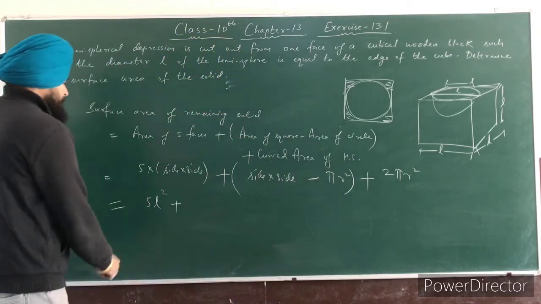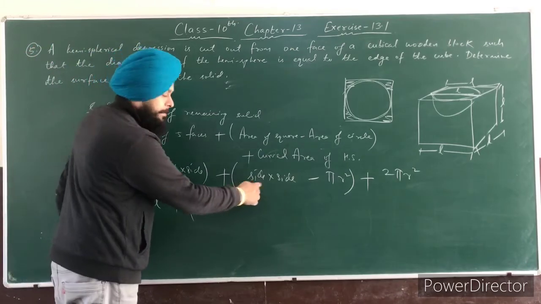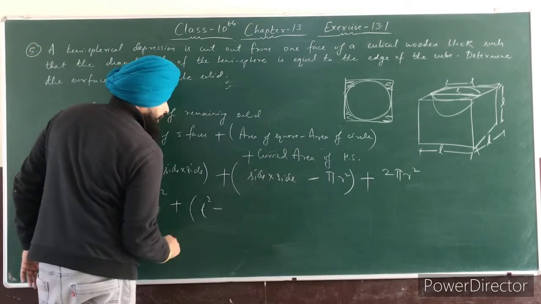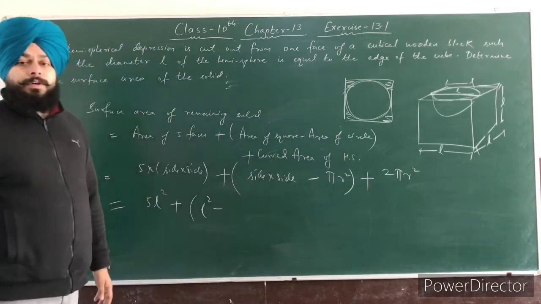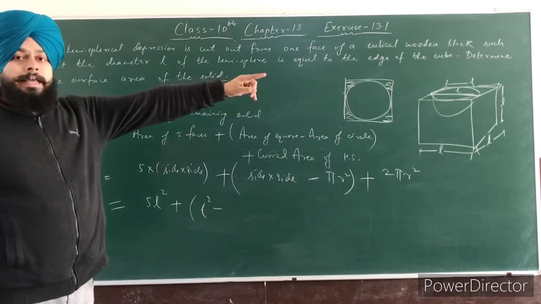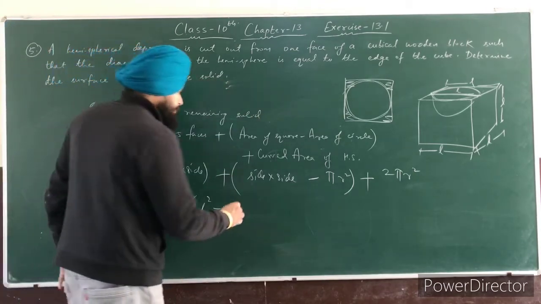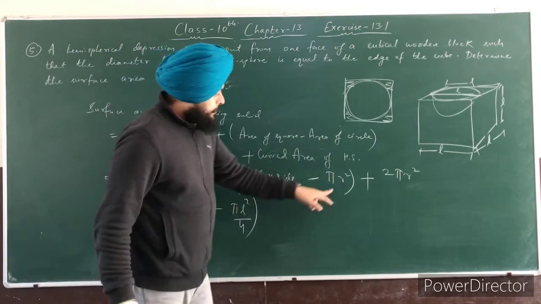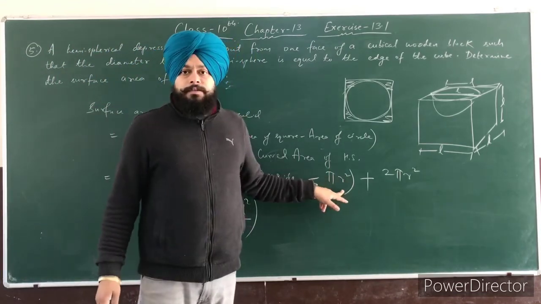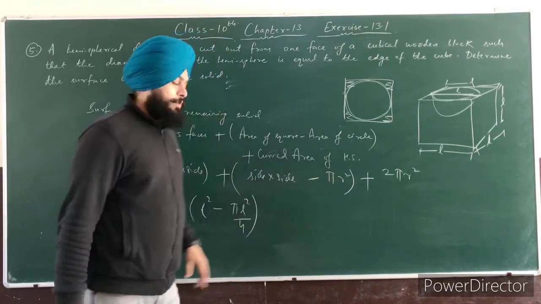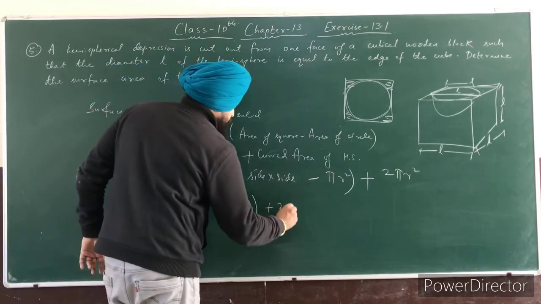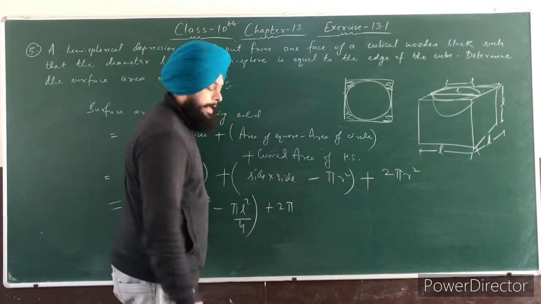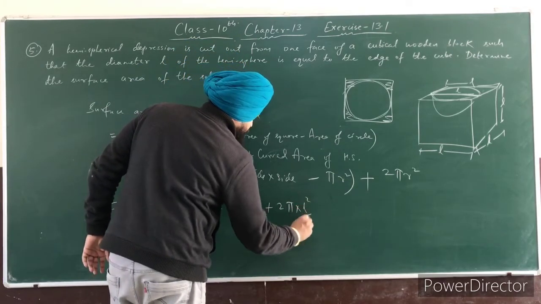Now what is the side? Again L. L multiplied by L is L square, minus pi r square. R is what? Radius. If the diameter is L, then the radius is L over 2. So radius squared is L square over 4, because we need to square it. L square is L square and 2 square is 4, plus 2 pi r square, again L square over 4.